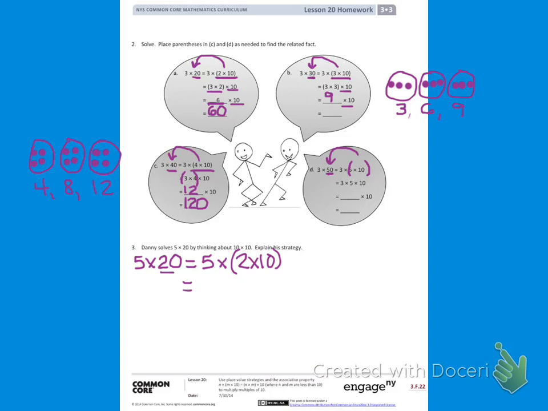Now I'll use the associative property and move the parentheses. That's the same thing as 5 times 2 times 10. I know that 5 times 2 is 10, and then bring down the times 10. And 10 times 10 is 100.